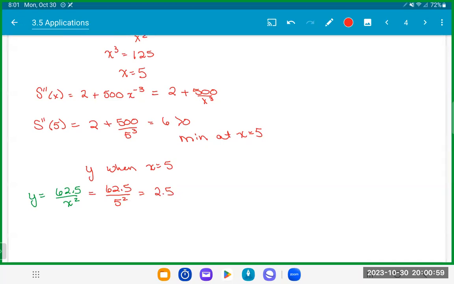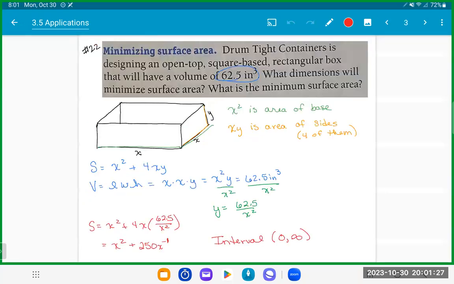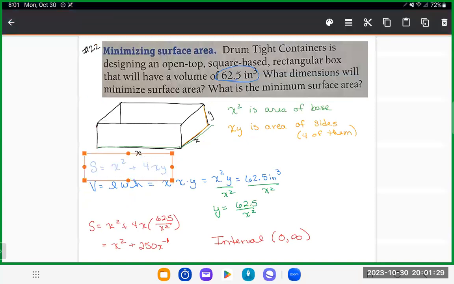So the surface area is minimized when X is equal to 5 inches and Y is equal to 2.5 inches. Now we can find the minimum surface area by substituting those two values back into our original surface area equation.